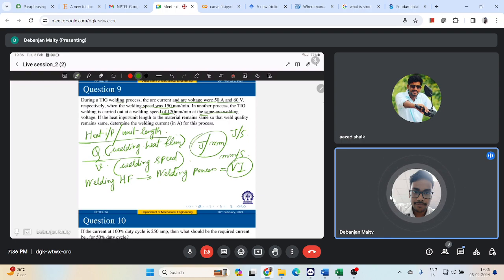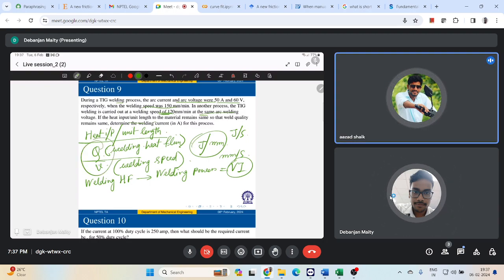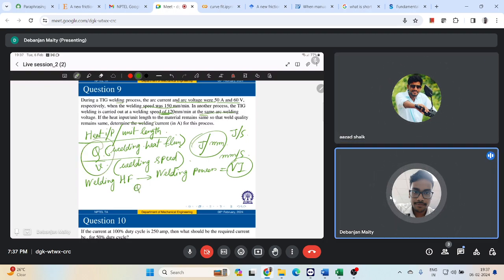Now if the heat input per unit length to the material remains the same, so Q by V remains the same, Q1 by V1 is equal to Q2 by V2. I have to determine the welding current for the second case. What will be the I2 value?